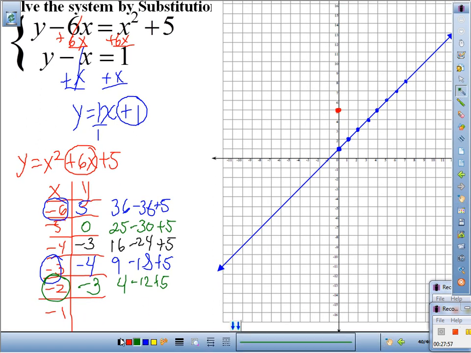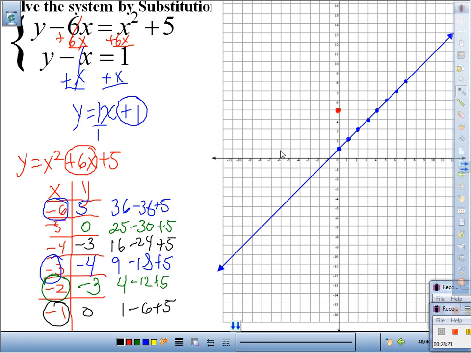And the last value, -1. What is -1 squared? 1. -1 times 6, -6. Bring down the 5. Sorry. Plus 5. What is 1 plus 5? 6 minus 6? 0. All right, let's plot those.